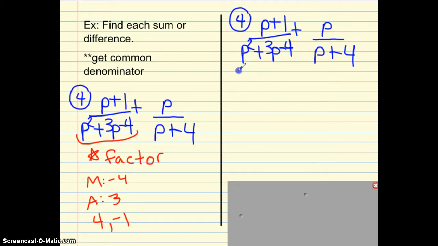So when I come over here, I'm going to rewrite this expression as p plus 4 and p minus 1.